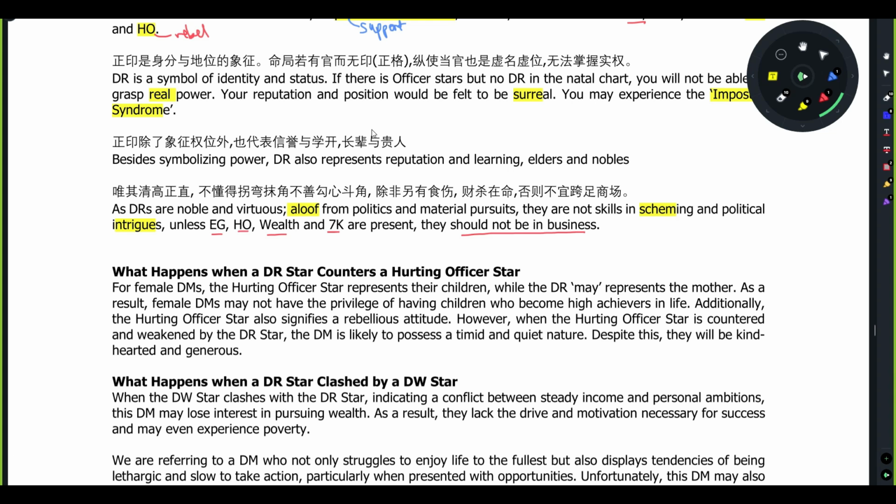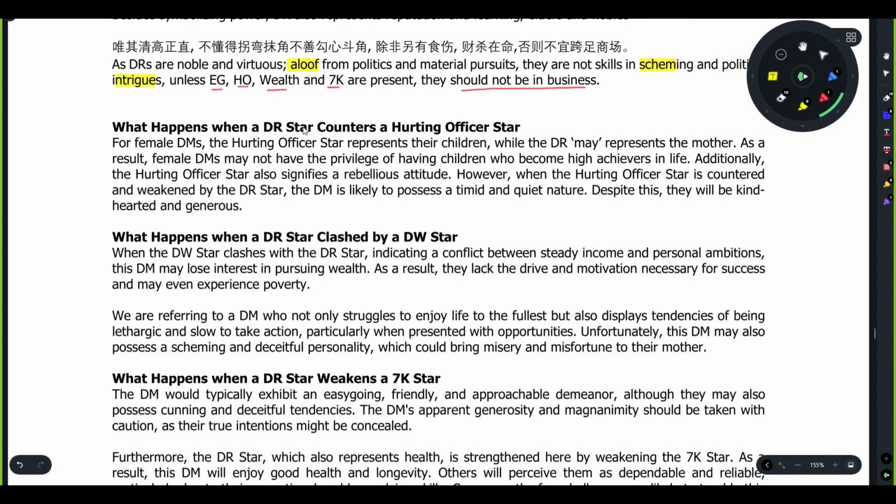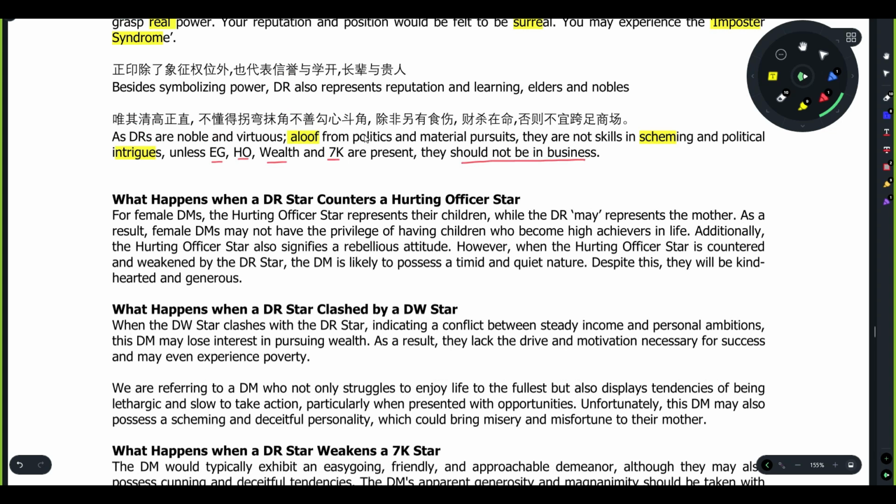And so now let's look into what happens when a direct resource counters a hurting officer. When I say counter, hurting officer represents the children. And so this is where one may consider that when direct resource counters a hurting officer, it may be one where a female may not have the privilege of having children.